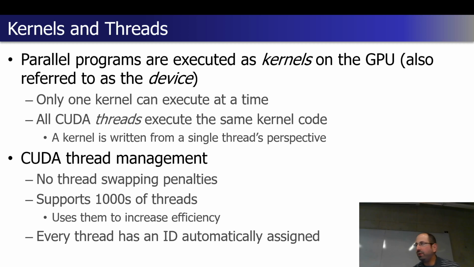The other term for GPU is device. We've been using that term this semester, with host referring to the CPU that is its companion. This is a restriction from the early days of CUDA, which is a little bit less true today, but a good mental map to have going forward is to think of there being just a single kernel executing at a time.